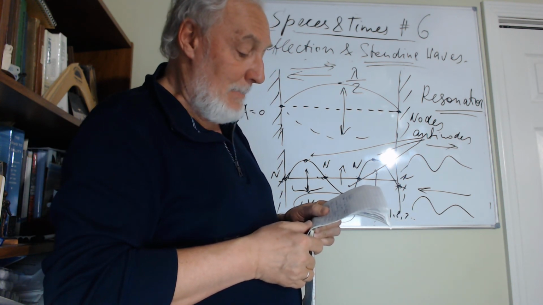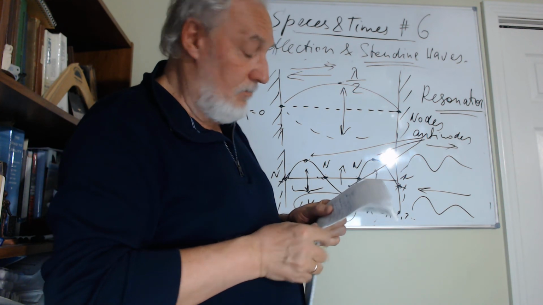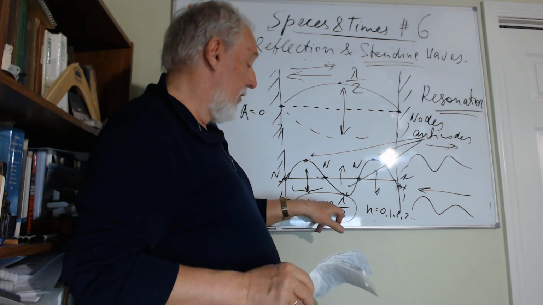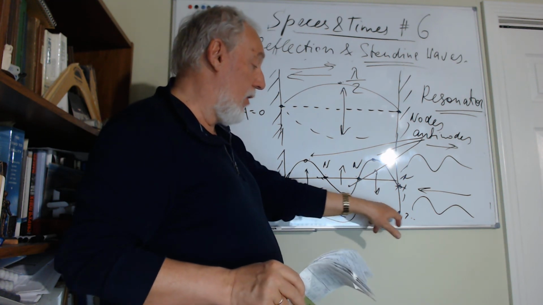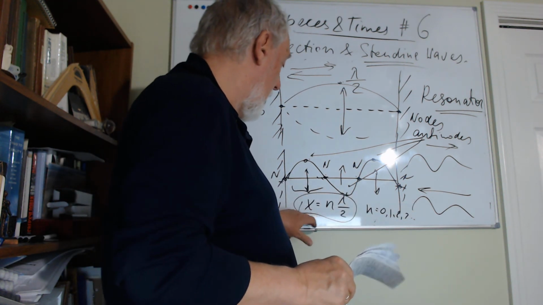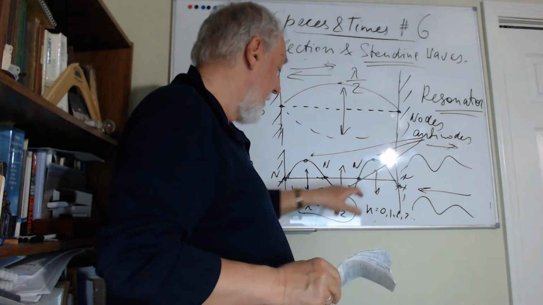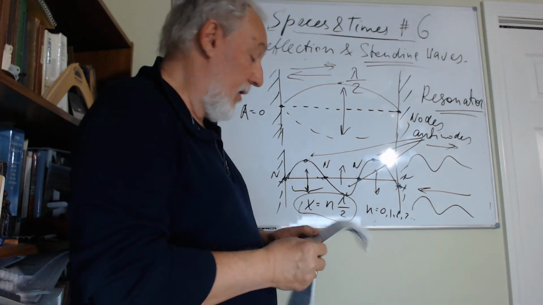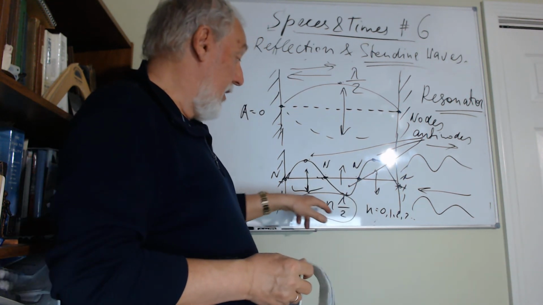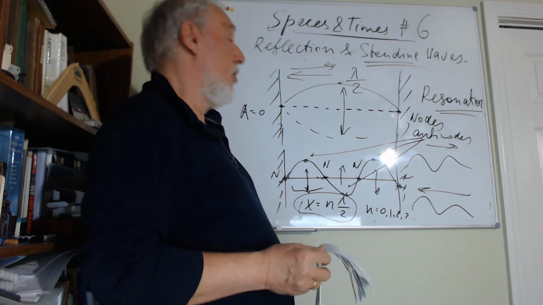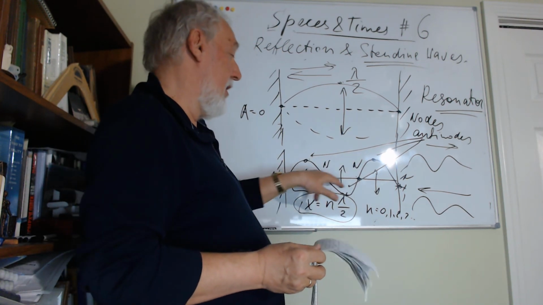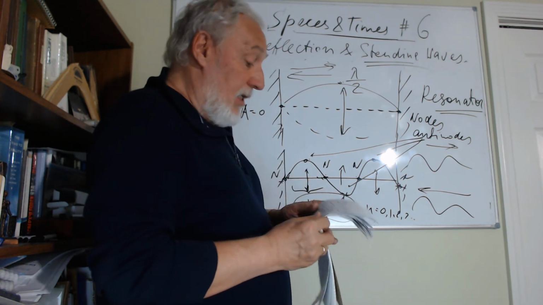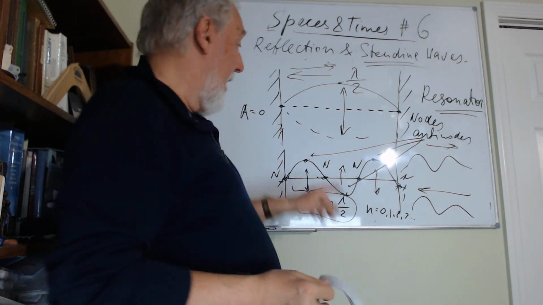This formula, x equals n lambda divided by 2, where n is 0, 1 or whatever, is for nodes, for these fixed points. You may write it if you want, but you can find it anywhere too. The question is the formula for antinodes, for the maximums.